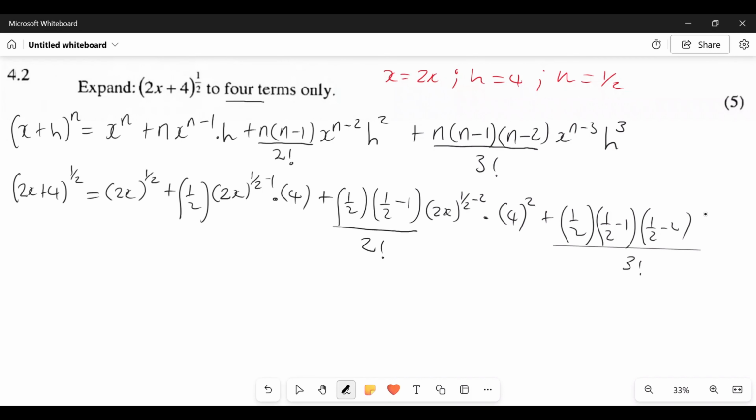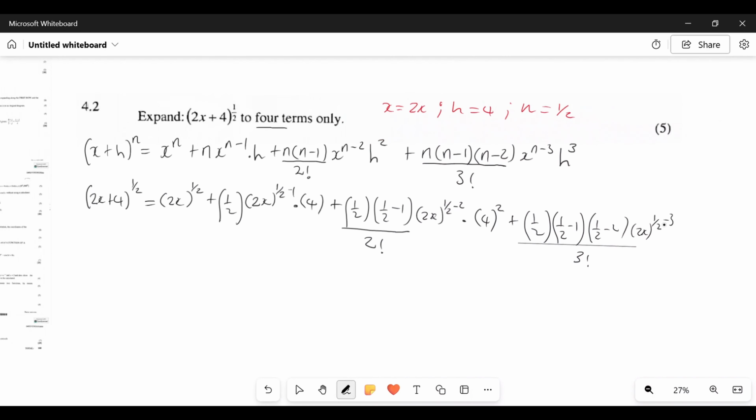And then we have x, which is 2x to the power of half minus 3. Right, we need to create more space. Let me just zoom down a bit, guys, so that you can see. And then multiply by h to the power of 3. So our h is 4 there, so it's going to be 4 to the power of 3. Guys, I hope you can see.